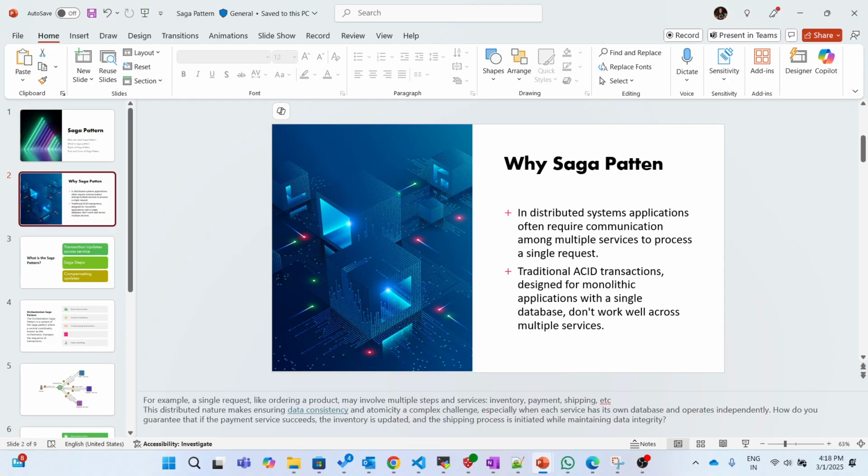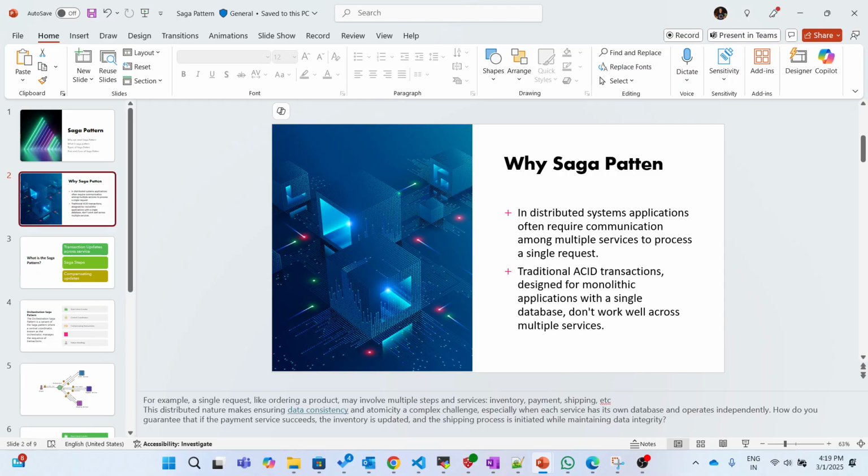In this distributed architecture, maintaining data consistency and atomicity is a complex challenge, especially when each service has its own database and operates independently. So how do we guarantee that the payment service succeeds, the inventory is updated, and the shipping process is initiated while maintaining data integrity?